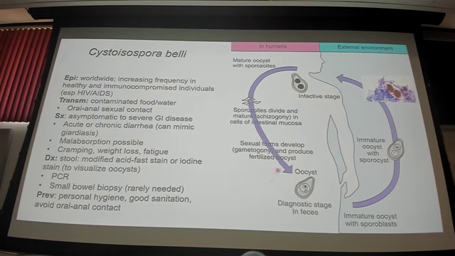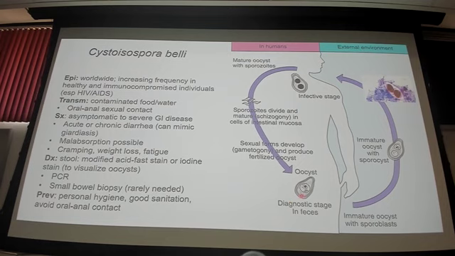Some of those will go on to become gametes and undergo sexual reproduction, so you'll get fertilized oocysts resulting from that process, and that is ultimately what you shed in your feces as the infective or transmissible part of this organism. It's the oocyst.